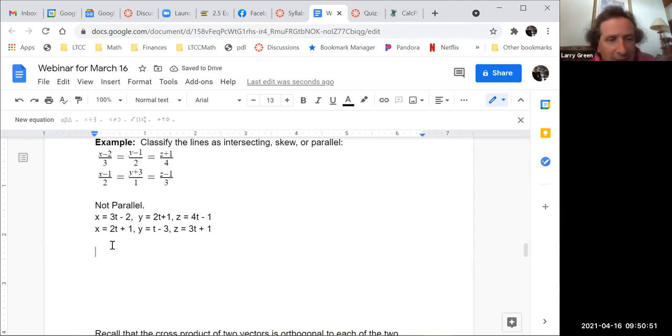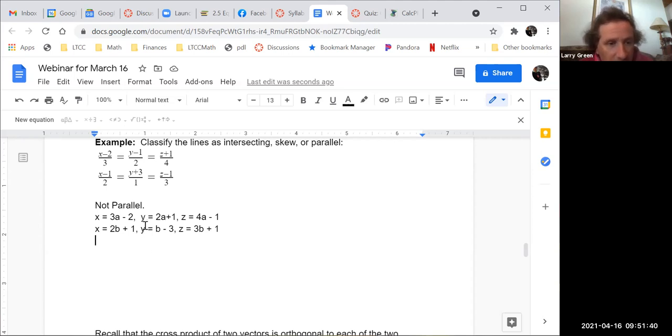If they intersect, that would mean there is a t for the first one and a different t for the second one where you get the same x, y, and z. So instead of calling it t, let's call it a and b: time a for the first line, time b for the second line, at which these equations are satisfied. Any questions so far?